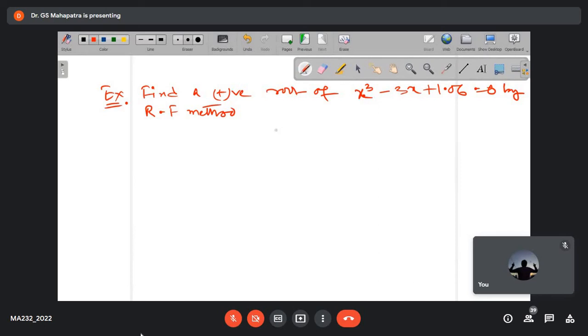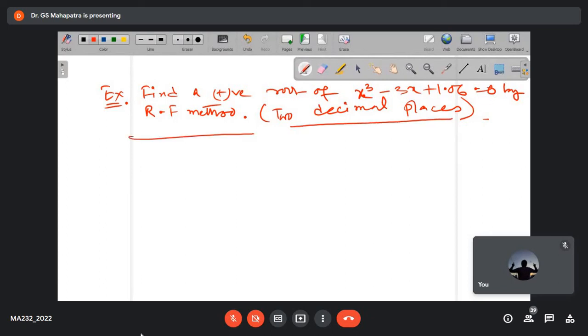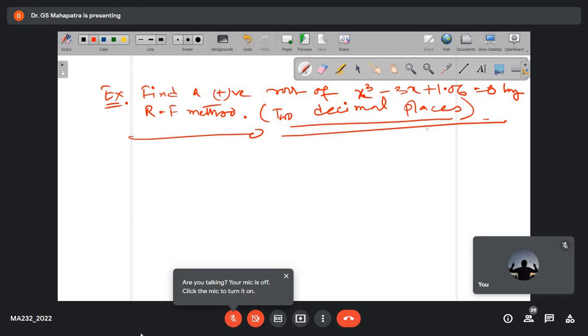And what is the stopping criteria? Let us consider two decimal places. Since it is faster convergence, I think in 2, 3, 4 steps you can find the solution.